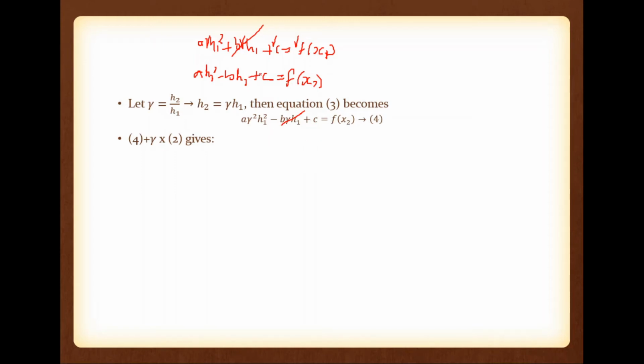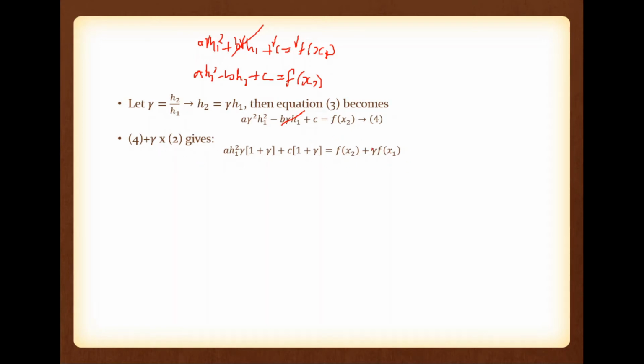Here we have c, here we have gamma c. So what we can write? 1 plus gamma into c. What about this one? Gamma into f of x1. This is f of x2. So it's summation. So we can write a h1 square gamma into 1 plus gamma plus c into 1 plus gamma, that is equal to f of x2 plus gamma into f of x1. That is equation number 4 plus gamma into equation number 2.